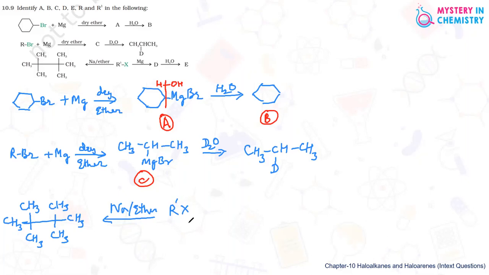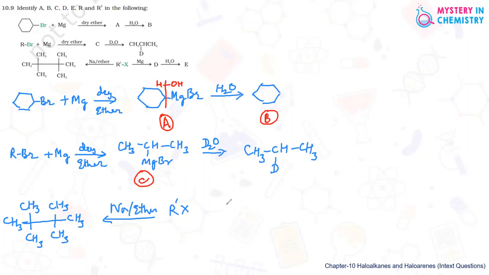Again R is not known, but we can predict. Normally this reaction is for the formation of higher alkane. Sodium reacts with the RX, sodium halide is formed, and the joining of the two groups forms a higher alkane.